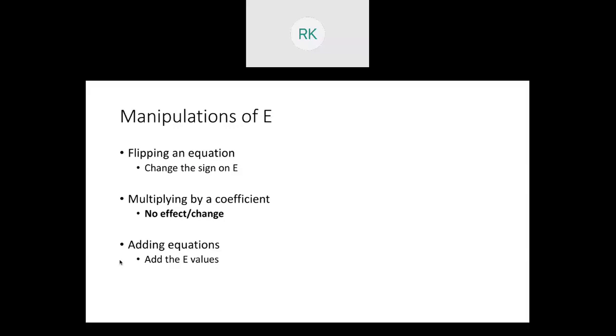Skipping down, when we add equations, again, just like we do when we're solving for cell potential, we just add the E values together. Again, that is the exact same as thermochemistry. The really important thing that is different from thermochemistry that you definitely need to know, and it's a very common mistake, is that if you ever multiply an equation by a coefficient, there's actually no effect or change on our E value, right?